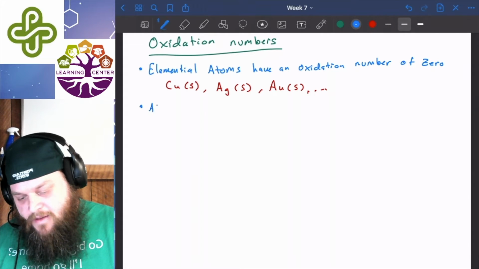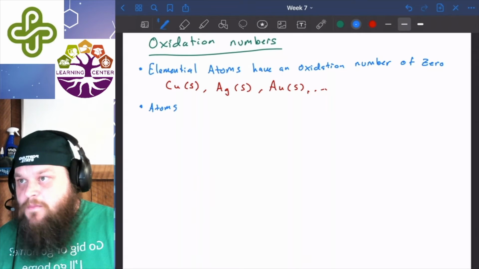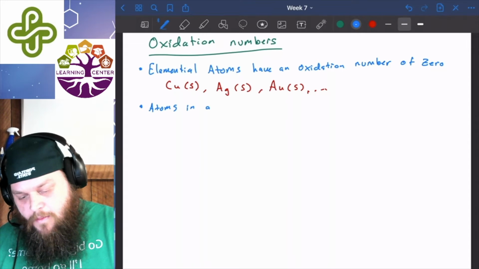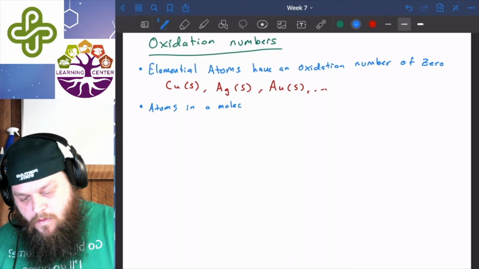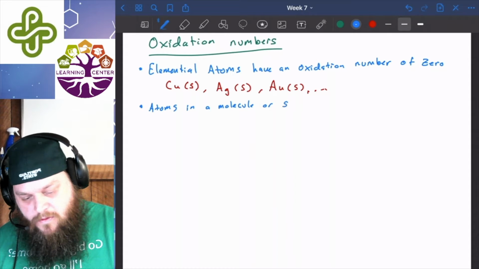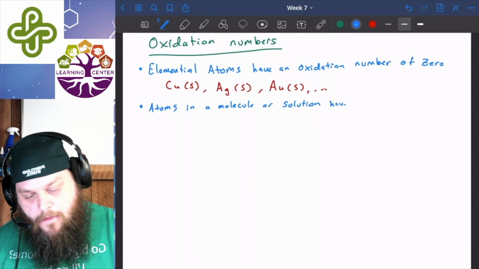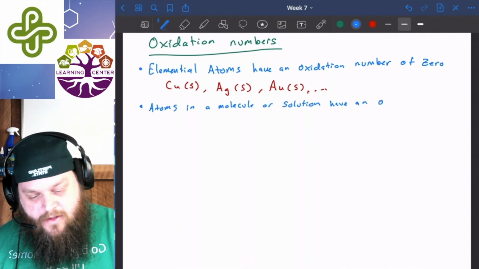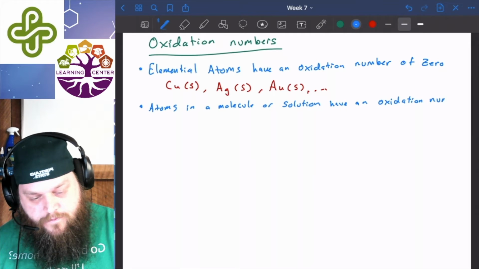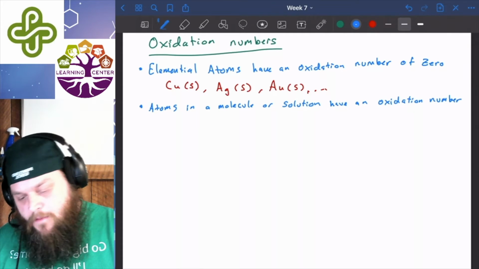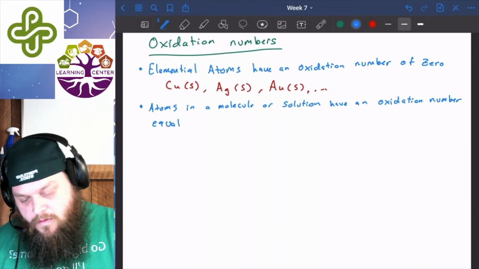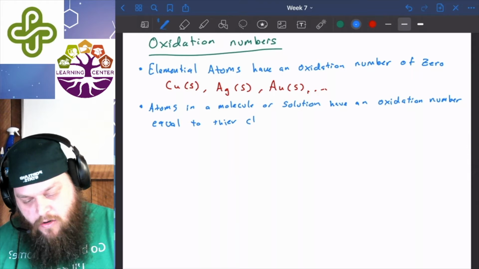So atoms in a molecule or solution have an oxidation number equal to their charge.